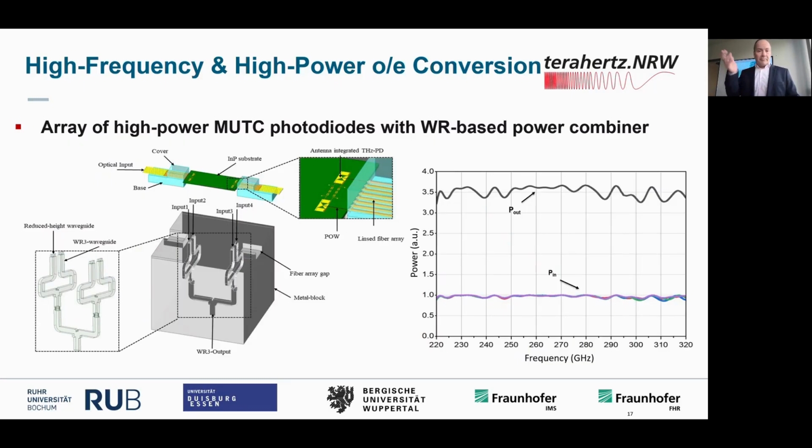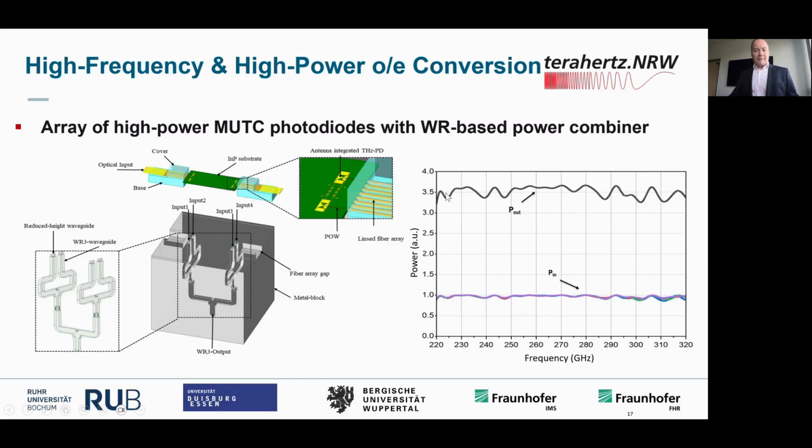Can we further increase the output power? Here we can. We have developed these kind of power combiners. So this is basically free space power combining the output power from a single die. In that case, for example, we are using 4 dies. And then we have a structure here, this hollow waveguide structure, which combines the output power of 4 chips. And on the right-hand side, you see the performance of this package here.